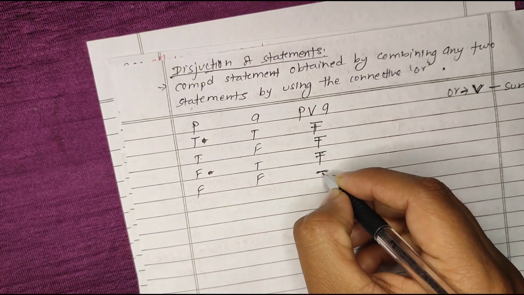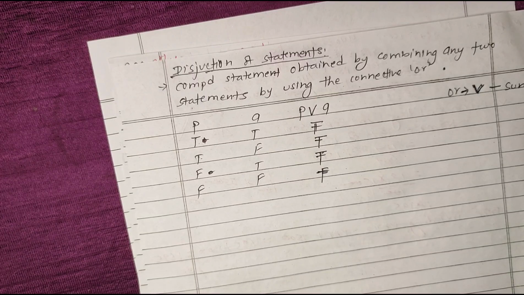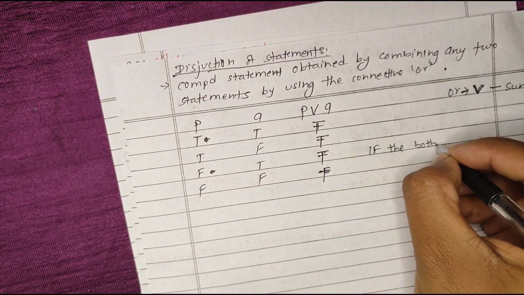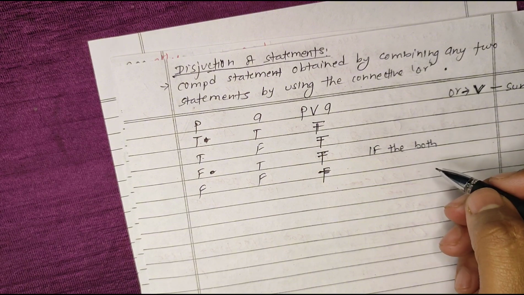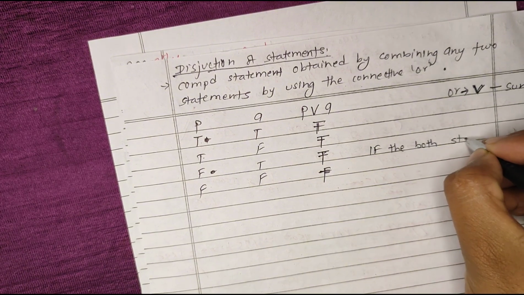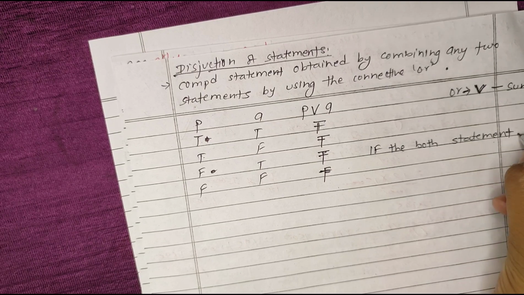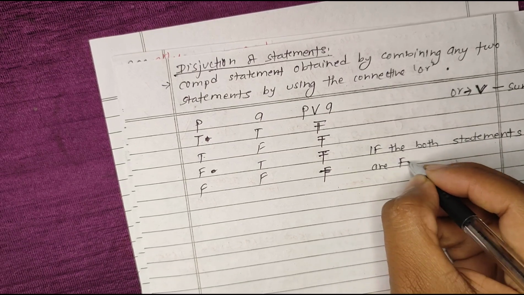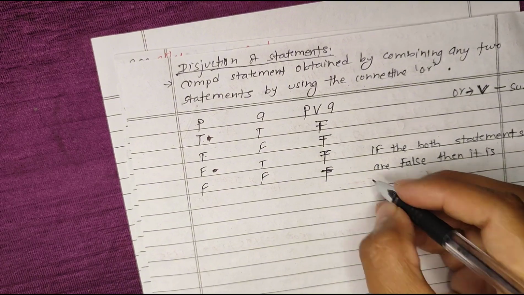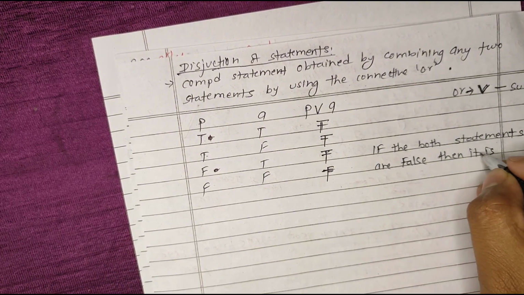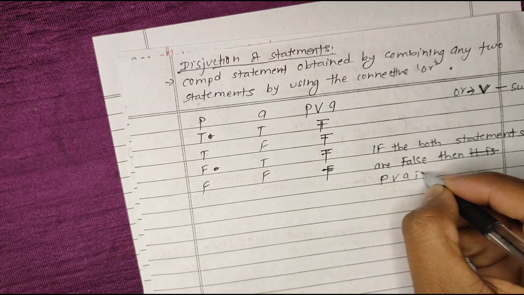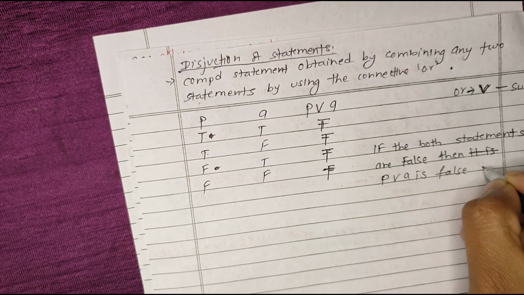True, false. If both statements are false, then it is false. Sorry for using the mathematical symbols as plus and minus. If both statements are false, then it is false.